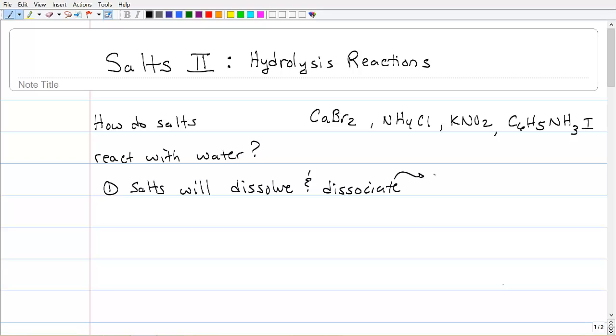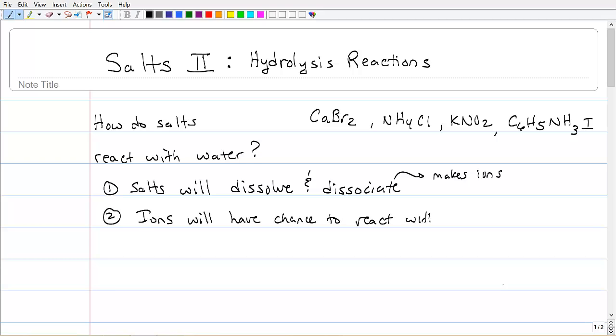Just remember, this is making of the ions. And once that's completed, the ions will have a chance to react with water.